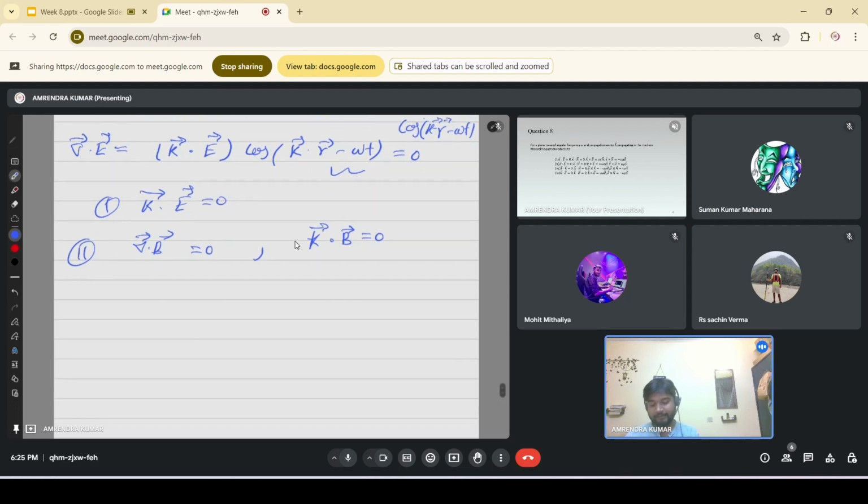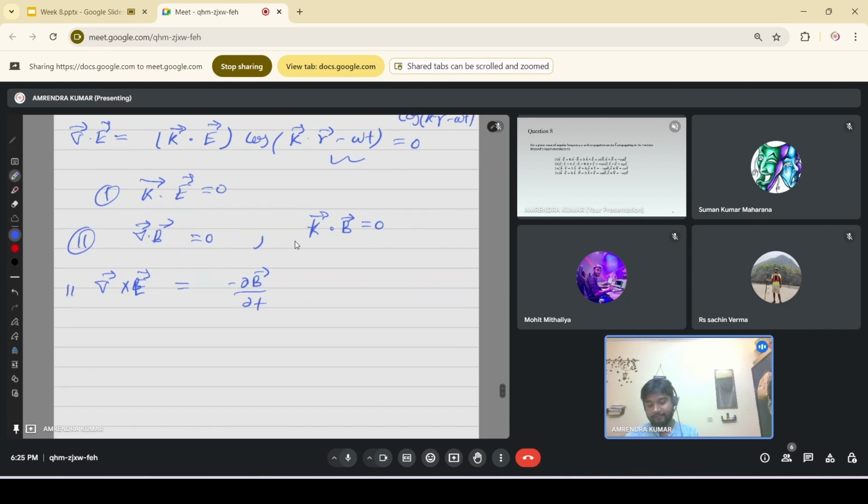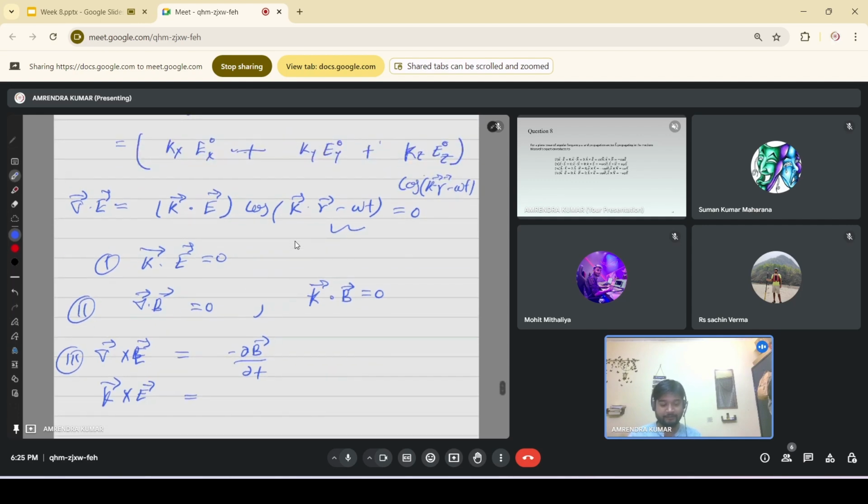Third, it will be like del cross E is equal to minus del B over del t. So we can also calculate that this will be k cross E into the del B over del t, the cos phi, and the cos phi will come out something like this.